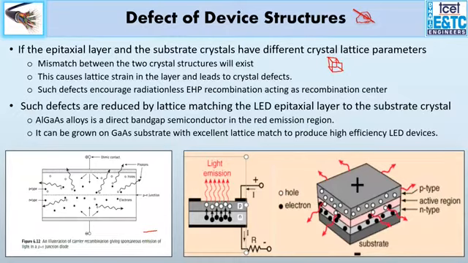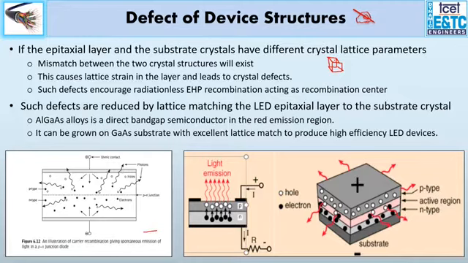So to have a good efficiency, we should be able to remove the mismatches in the two crystal structures or the materials that we are using, or use materials with the same crystal structures.